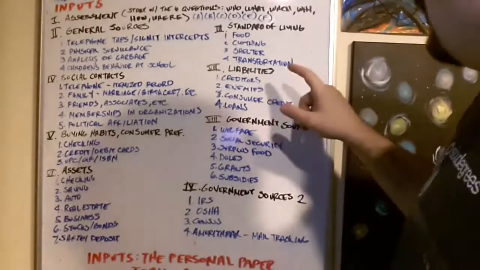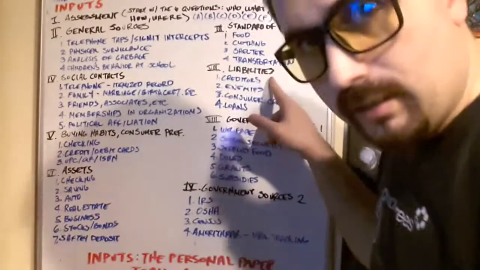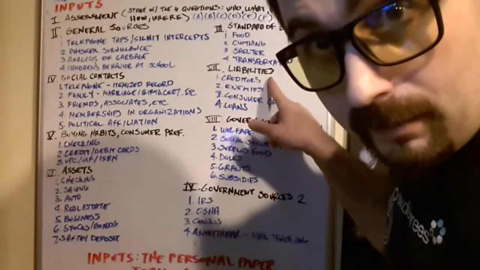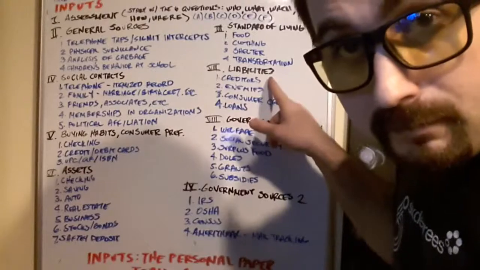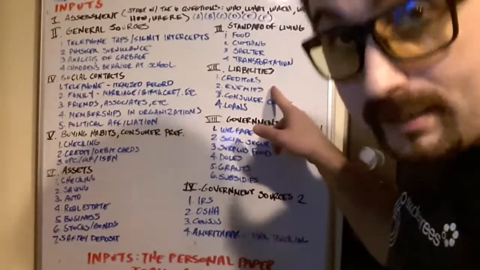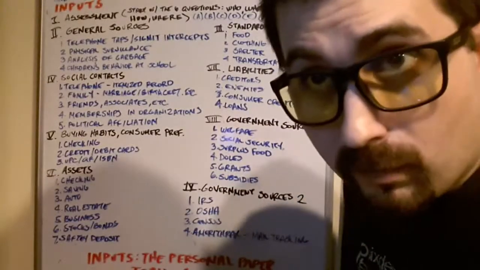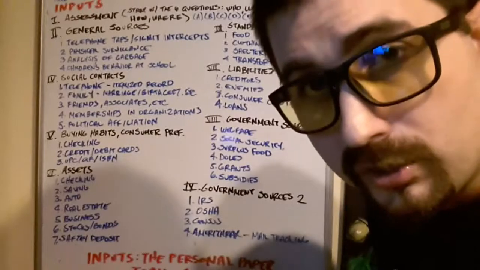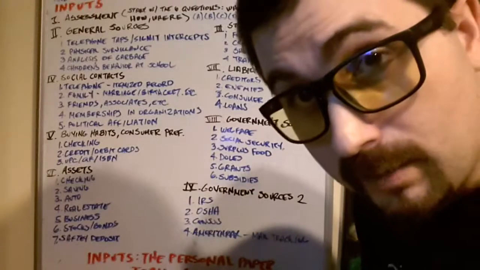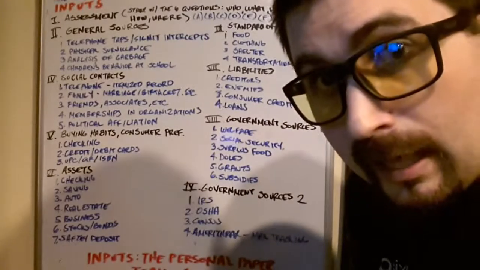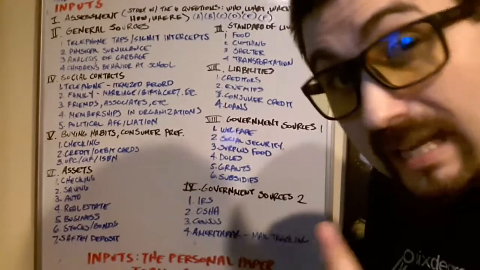All right, let's get on to liabilities. Okay, creditors. Do you have them? It could be anything from a loan shark to your local bank. Enemies. Now we'll discuss enemies in the next video when we go on to inputs part 2. We're going over the really basic stuff now, but the enemies that I'll be talking about have to do with money, and that's why they're liabilities.